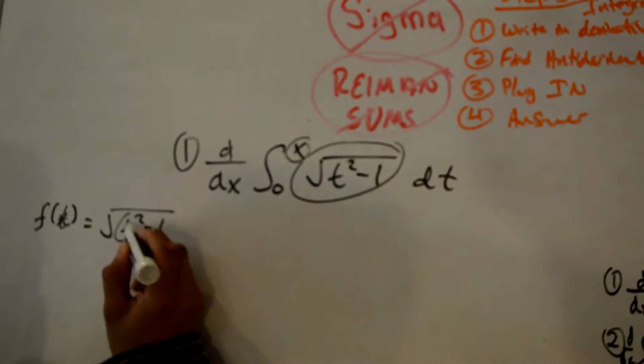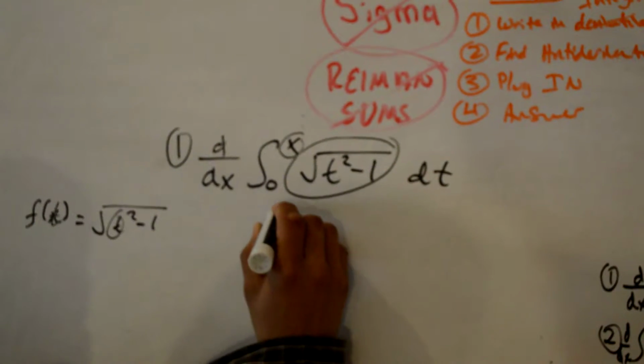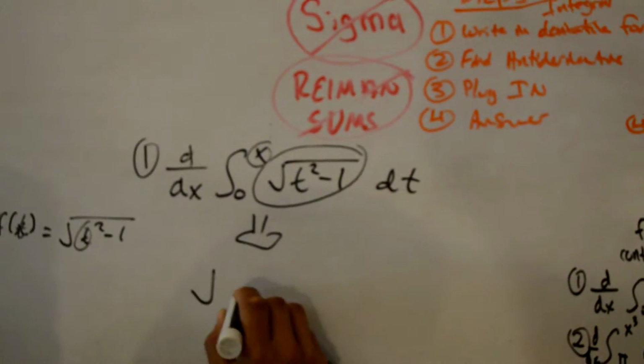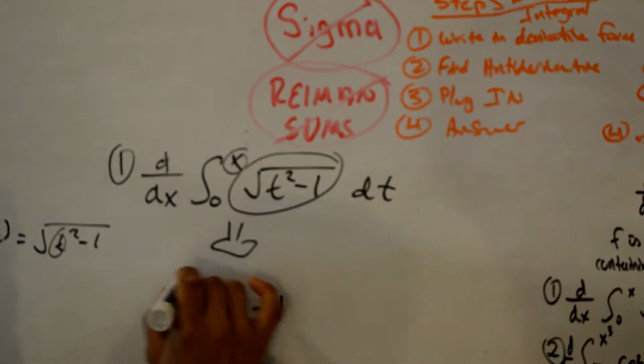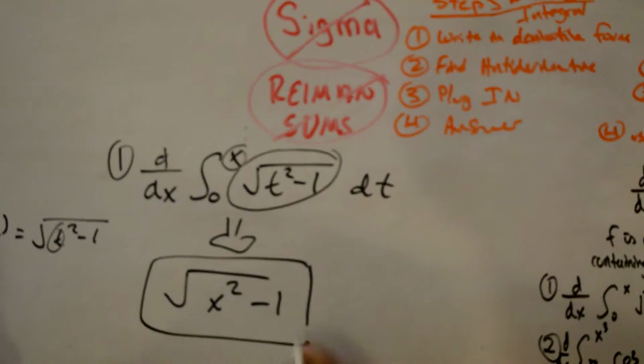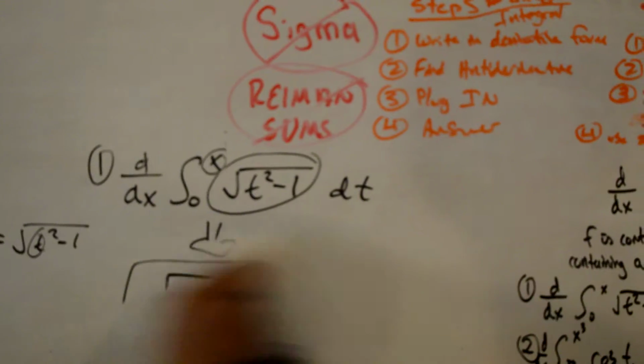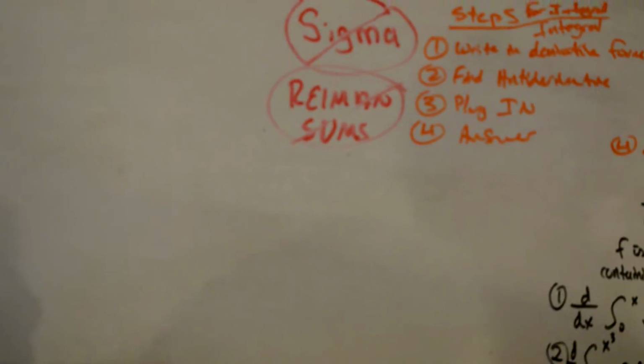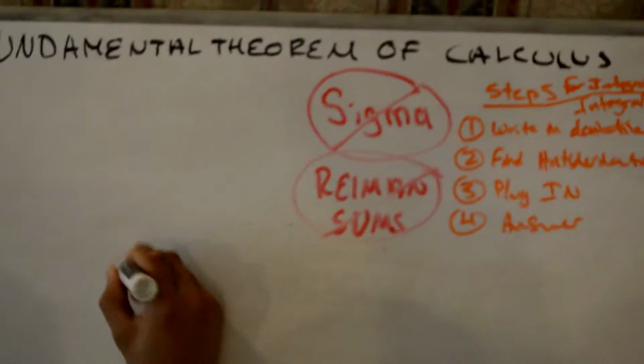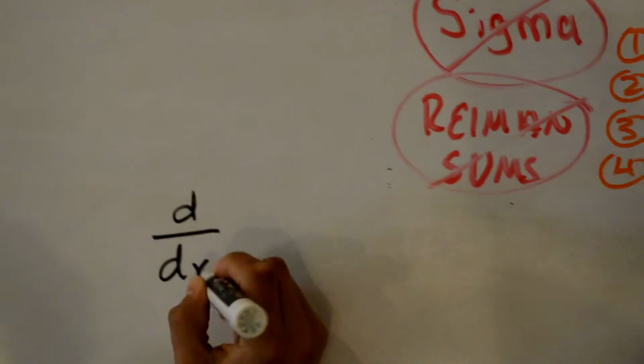This whole thing just turns out to be x squared minus 1. That's it. It's as simple as that. The only thing that can trip people up is the chain rule, but you just have to remember to use the chain rule. So this will be our second problem.